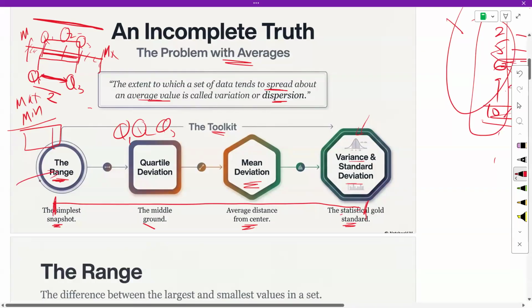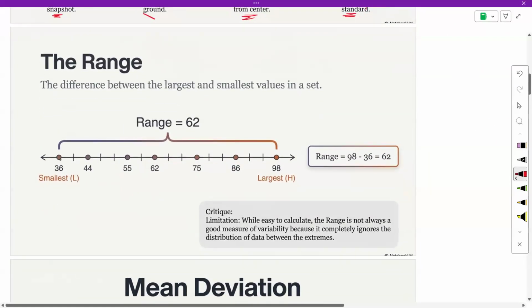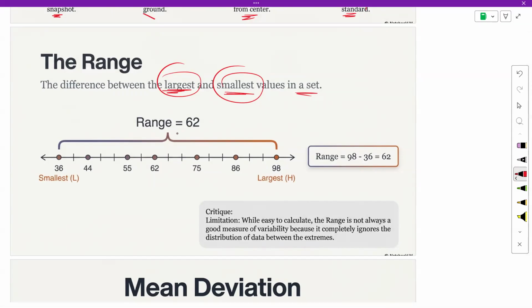First, let's start with the range. The difference between the largest and smallest value in a data set. For example, we have data. When we arrange the data, it looks like this.